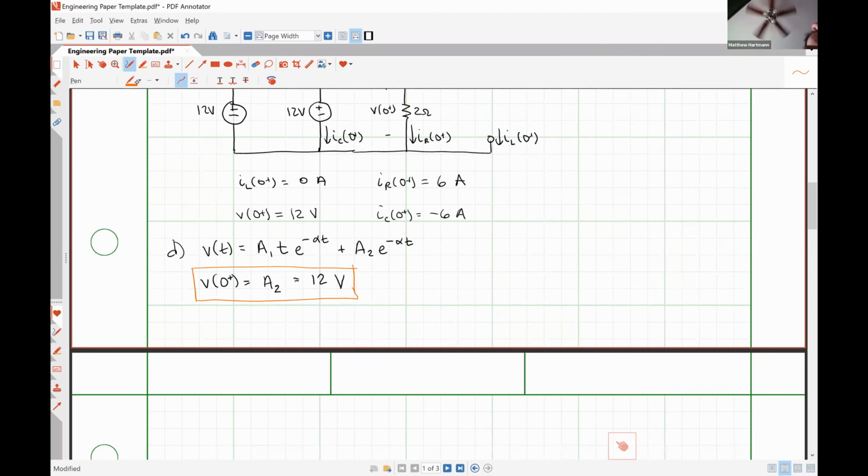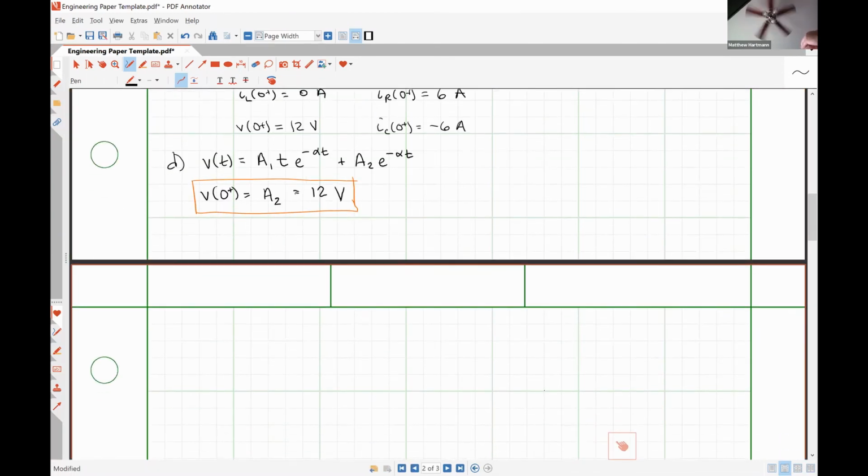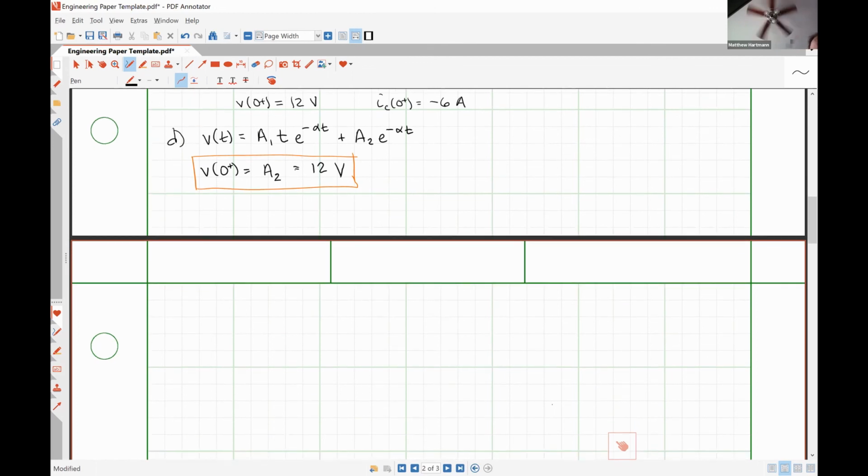All right. Now we need to develop another relationship to figure out what A1 is. V here represents the voltage drop over everything, but specifically I'm going to look at it as effectively the capacitor voltage.